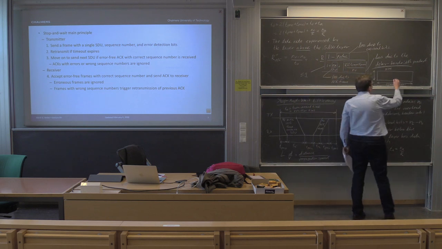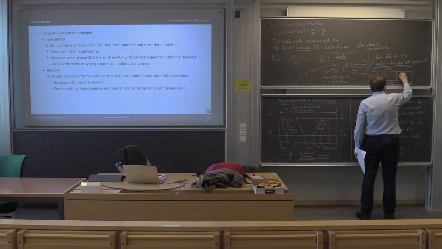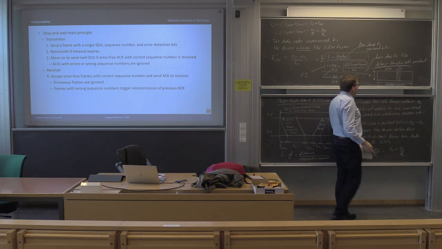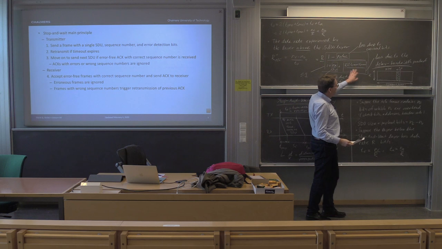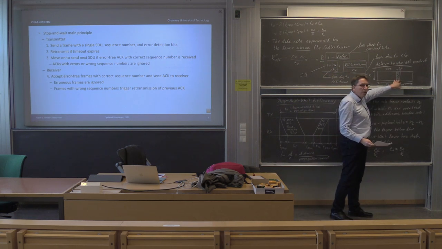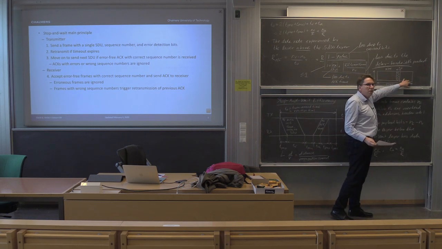Okay, so somewhere here we can have the information frame which has a duration TF. And then the delay bandwidth product is how many TFs, how many frames can we fit into this data pipe at the same time.